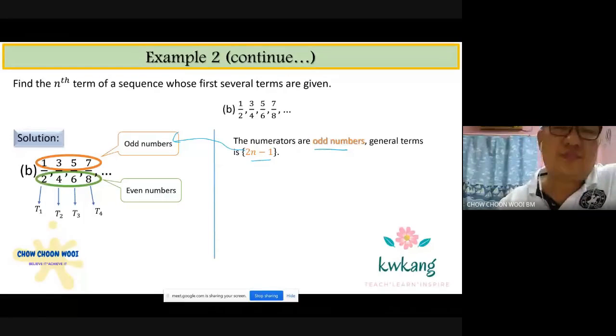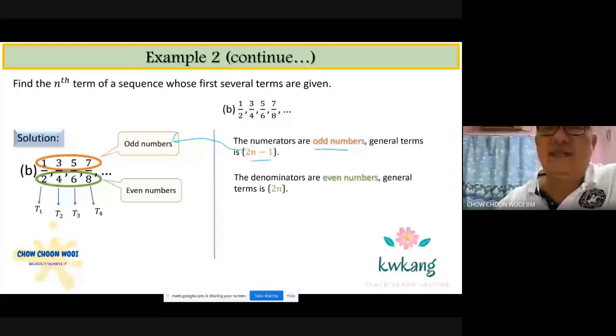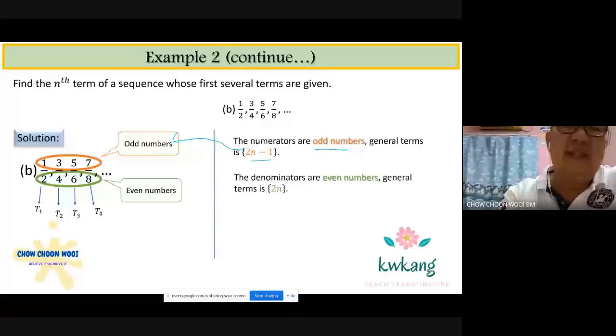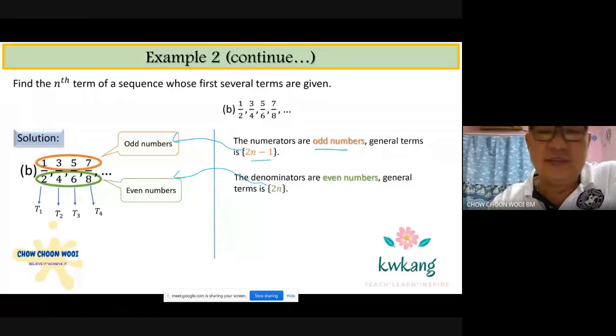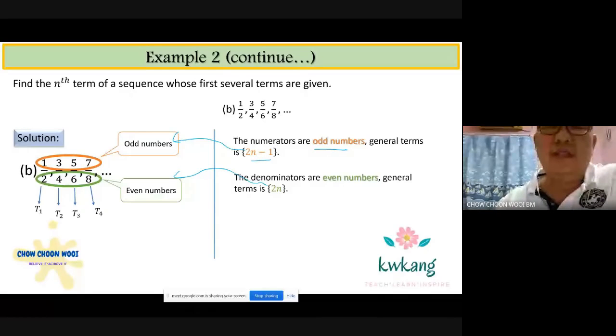Asalnya semua hitam tulisan. So the denominator are even numbers. General term is 2n. Ini you kena hafal lah. For odd numbers and the even numbers. Yang hijau kita rujuk yang hijau. Okay. So what about Tn?